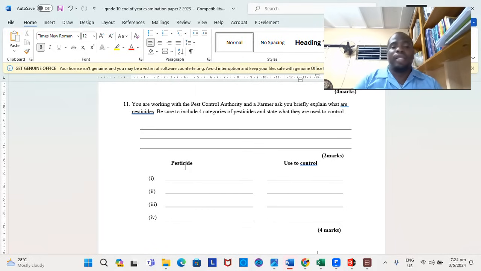It's a broad heading for chemicals used to control pests and diseases. One of the pesticides we're going to look at, and you have several you can look at, is herbicide or weedicide. Herbicides, sometimes interchanged with weedicide, are chemicals that are used to control weeds.